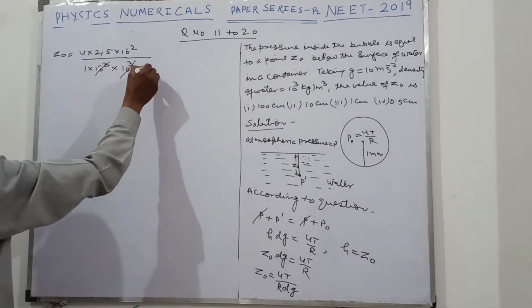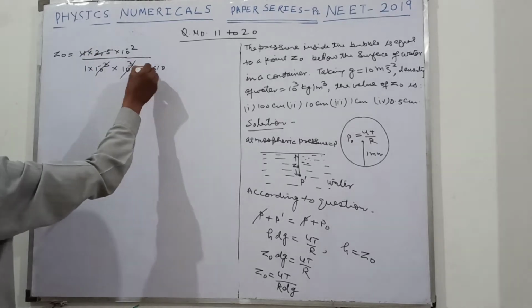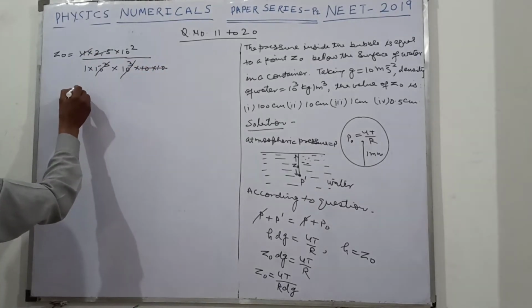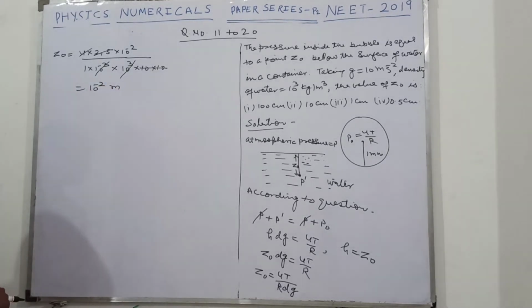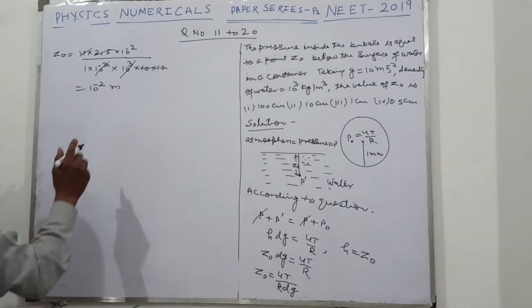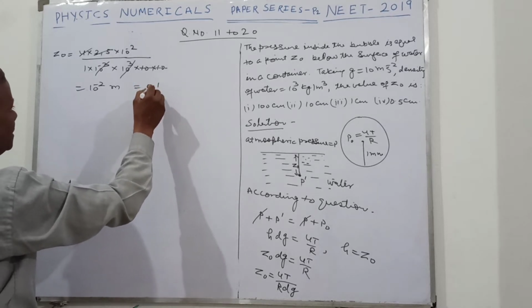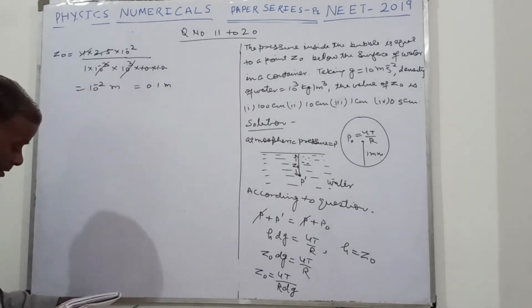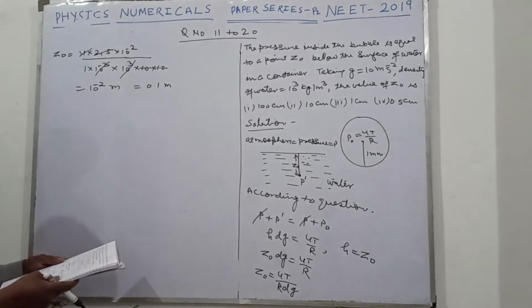From here you take 10, this is now your 100, this 100 will cancel. So this is your 10 to the power minus 2 meter. Then you convert it into centimeters. So this is your 0.1.